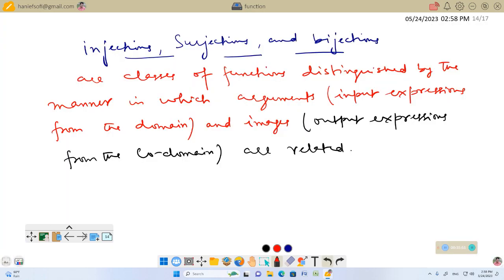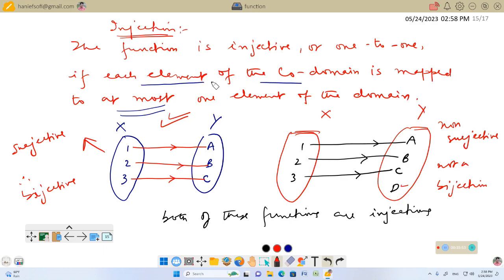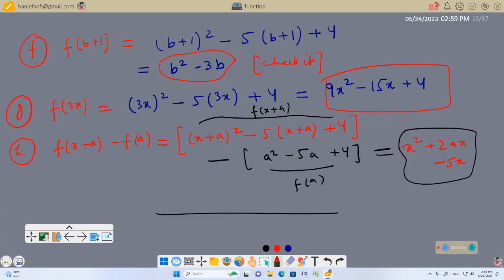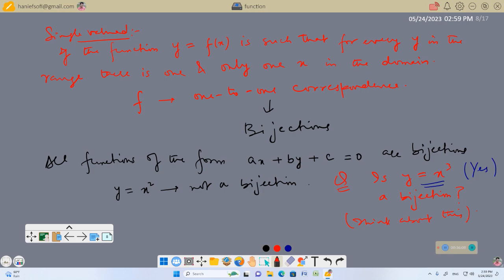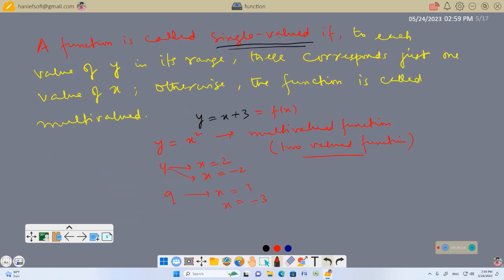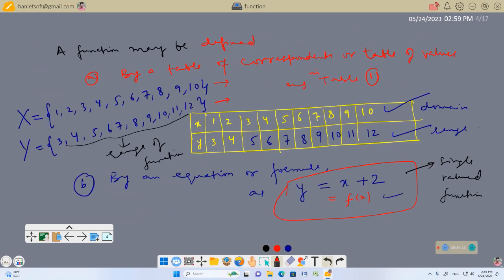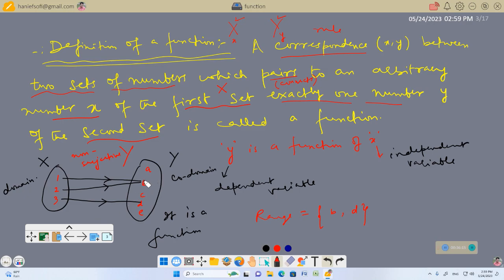In injection, we say each element of the codomain is mapped to at most one element of the domain. At most. But here there is an element in the codomain which is connected to two elements, 1 and 2. So it is not an injection.